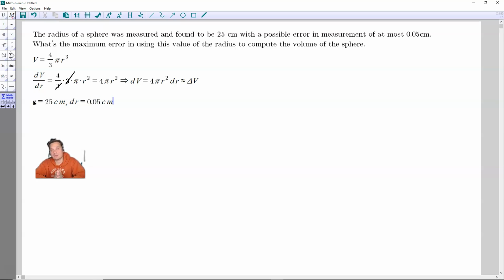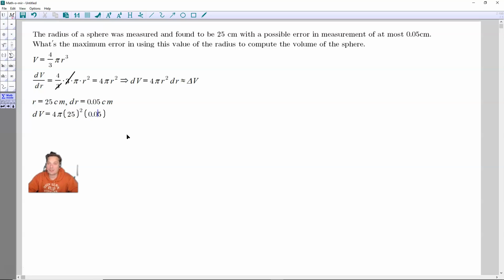So we're going to plug this information in and get an approximation to the change in the volume, which is also essentially an approximation to the error. So here, I'm going to proceed as follows. I will say that dV now is equal to 4 pi times 25 squared, times that change in r, which is 0.05.